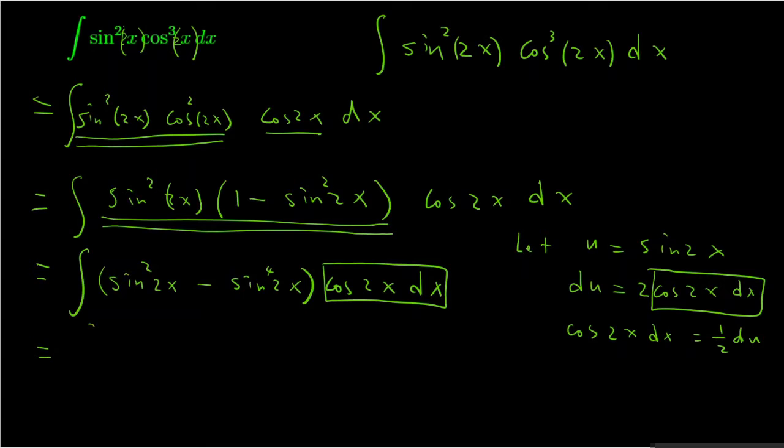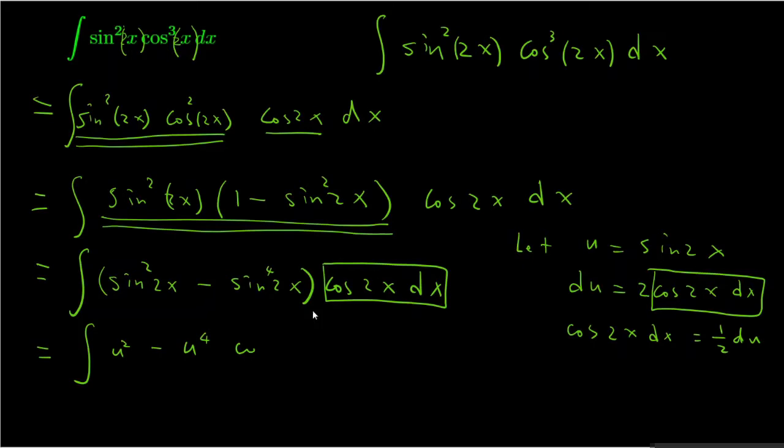In the u world, we have u squared. The relation between u and x is here. Wherever you see sine of 2x, you write u. So minus u to the power of 4. And then cos of 2x. Sorry, I told you do not write two variables in one integral.